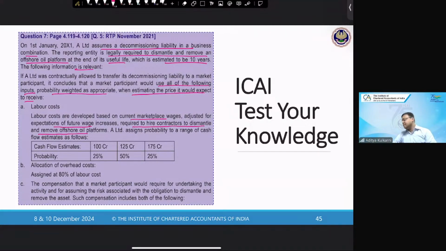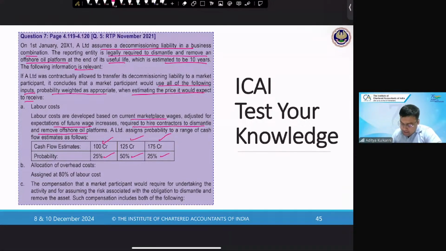A Limited assigns probability to a range of cash flow estimates as follows. There is an estimate of 100 crores with a probability of 25%, an estimate of 125 crore with a probability of 50%, and a 175 crore estimate with a probability of 25%.